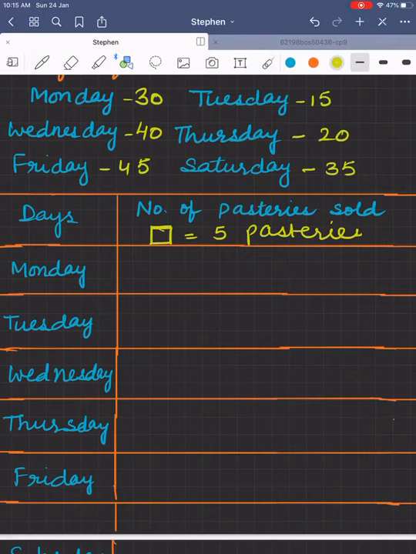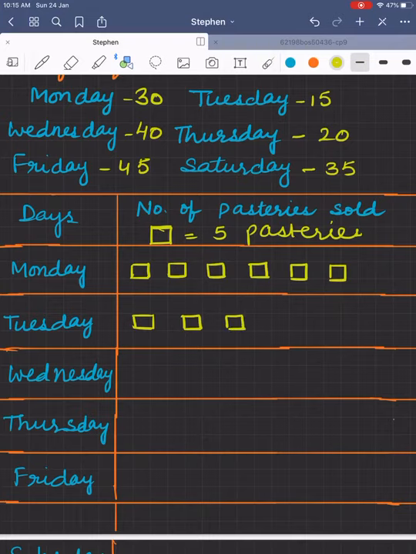So we draw here 6 squares. On Tuesday, 15 pastries are sold, so 3 squares represent 15 pastries as 3 fives are 15. So we draw here 3 squares.